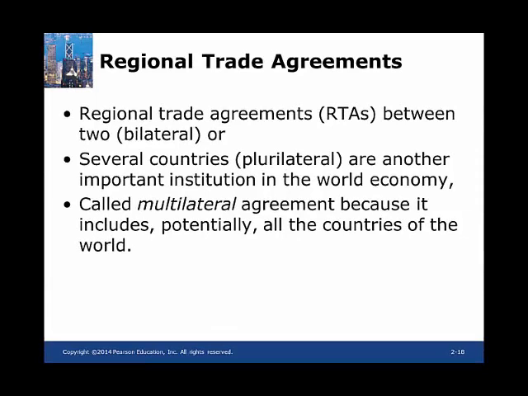Regional trade agreements. Regional trade agreements between two or several countries are another important institution of the world economy, unlike a multilateral agreement, which includes potentially all the countries of the world.